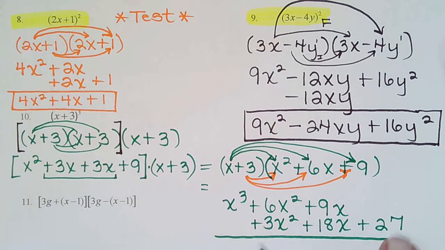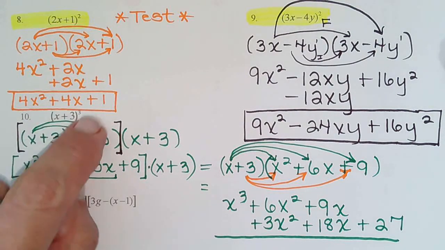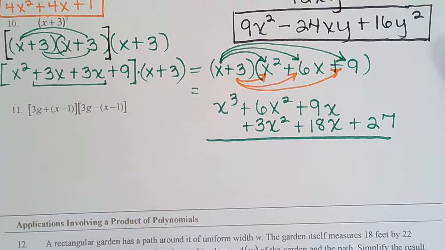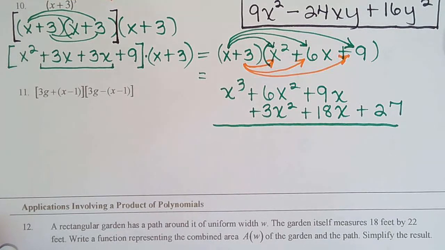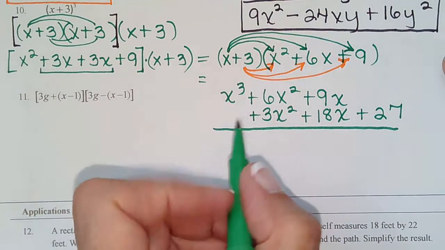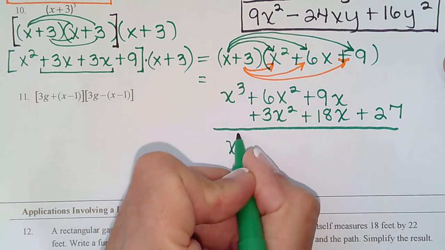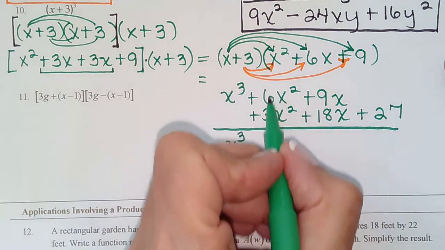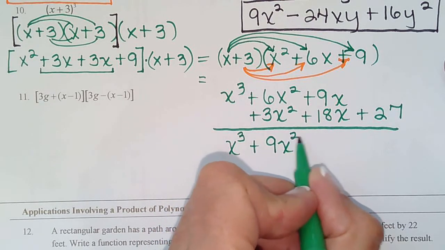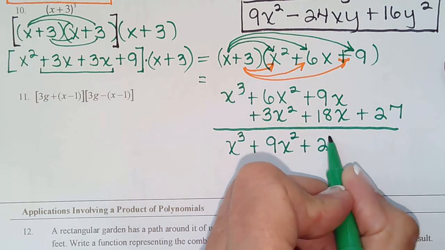So look at that. I get 4 terms. Had you done this by distributing, you would have gotten 2. So you would have missed 2 of the terms. So you can never, ever get it right by distributing, just FYI. So my final answer, x cubed plus 9x squared plus 27x.